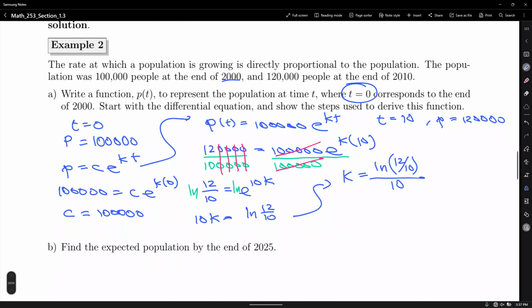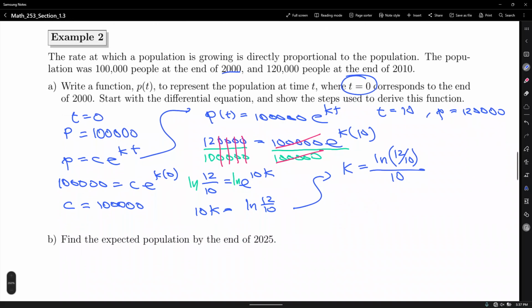Okay. So we can go ahead and write our function p of t equals 100,000 e to the ln of, okay, I'm going to reduce, 6 over 5, to the t over 10.